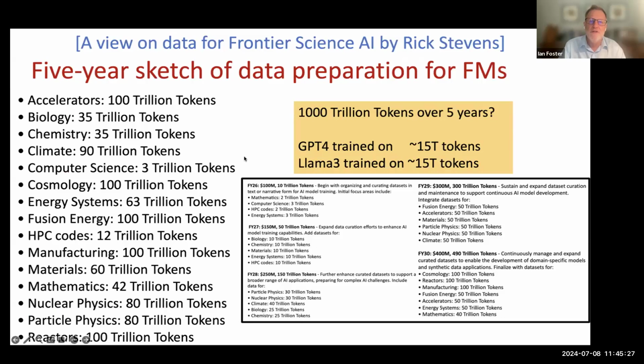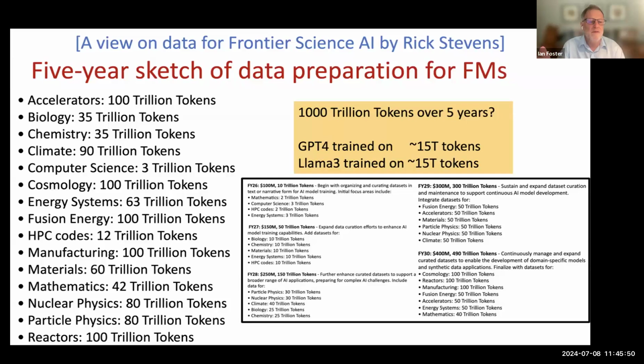My colleague Rick Stevens, some of you know well, likes to try and get people thinking big. So we're right now trying to work out how we can get 20 trillion tokens to train Aurora GPT. How are we going to get, let's say we wanted 1,000 trillion tokens, to encode all scientific knowledge?